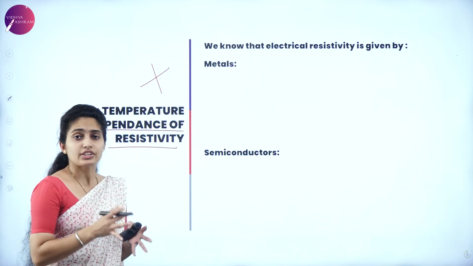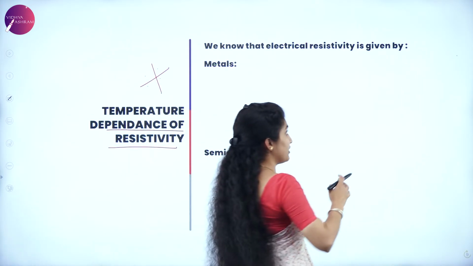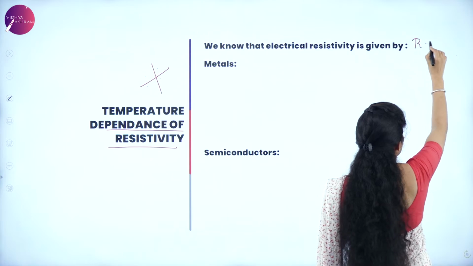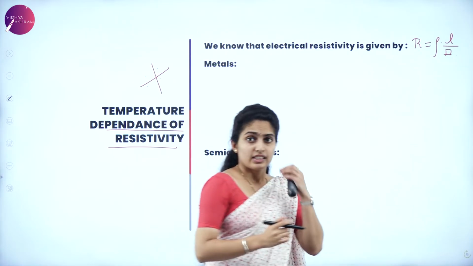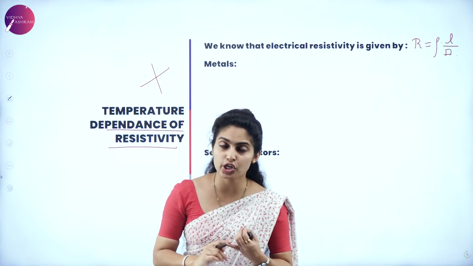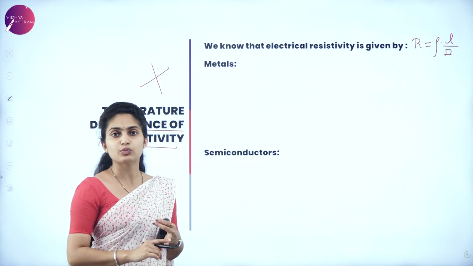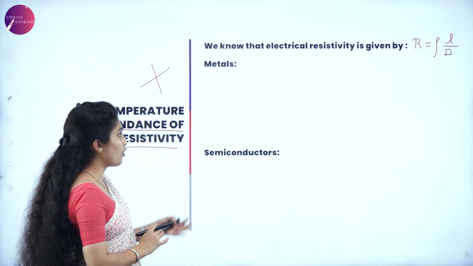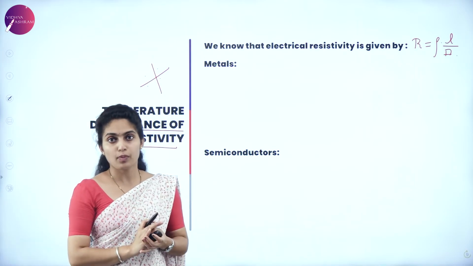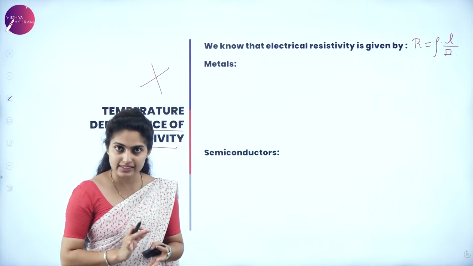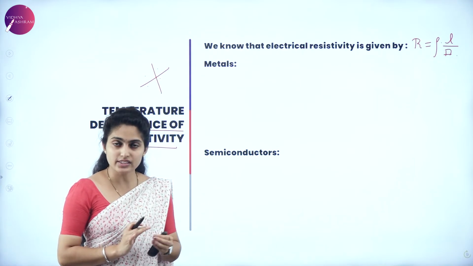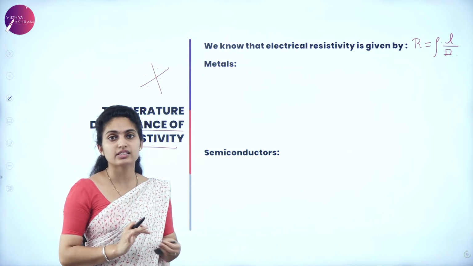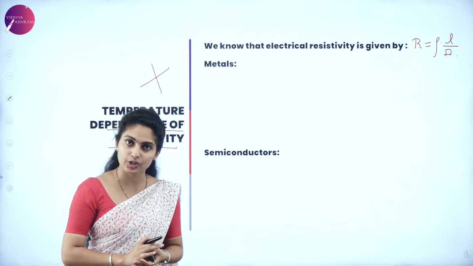We know that the electrical resistance is given as R equals rho times L divided by A. That means resistance is directly proportional to the length of the conductor and inversely proportional to the area of the conductor. Now suppose you are considering metals, then how does the resistivity vary with temperature?